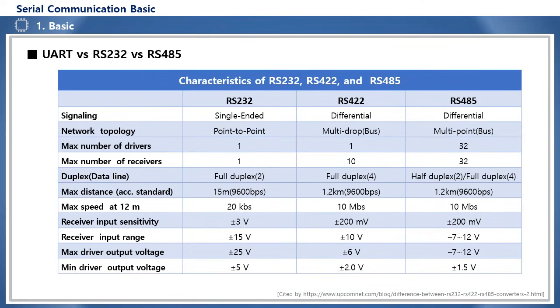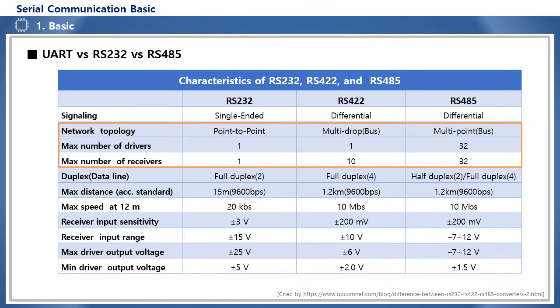Let's organize the representative serial communications, RS-232, RS-422, and RS-485, through a comparison table. The signaling method is single-ended for RS-232, differential for RS-422 and RS-485. Here, RS-422 is integrated with or has compatibility with RS-485, so it is mostly applied as RS-485.